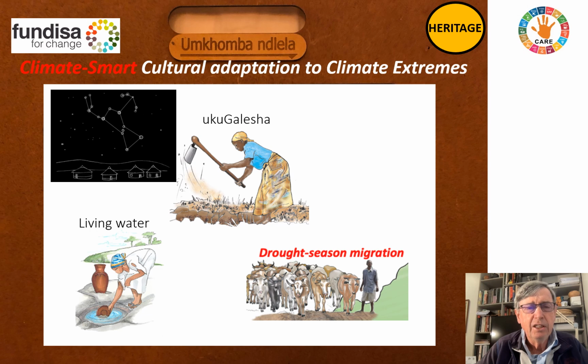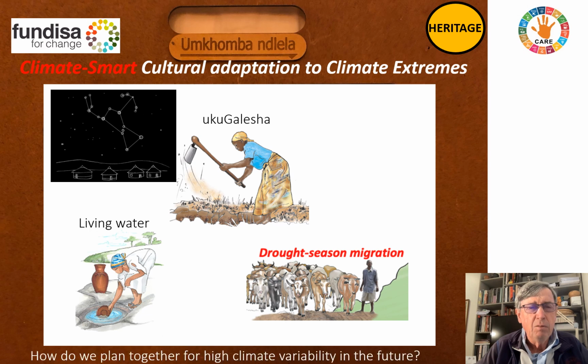So there's a rich cultural fabric here of centuries of adapting landscapes for human success and human beings working within these landscapes. So a key question that came up for us is, how do we plan together for high climate variability in the future?